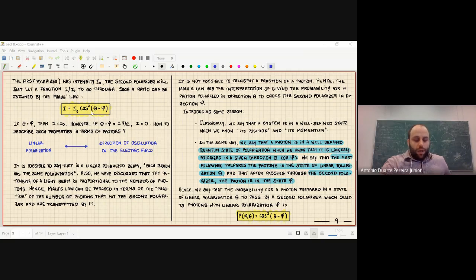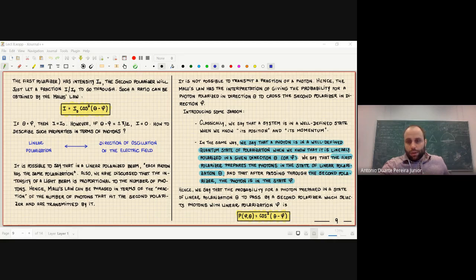So cosine squared is a number that is between 0 and 1, right? So what you can say is that the intensity I after the second polarizer will be equal to or smaller than I naught, okay? And the minimum is I equals 0, and it corresponds to the situation where theta and phi are orthogonal angles, okay? I hope this answered the question.